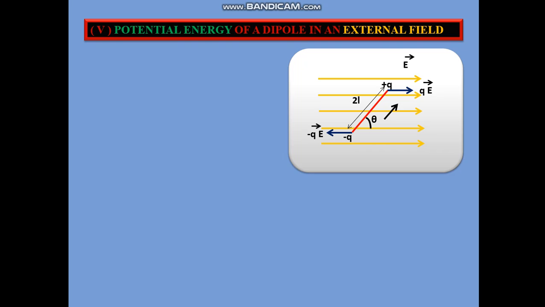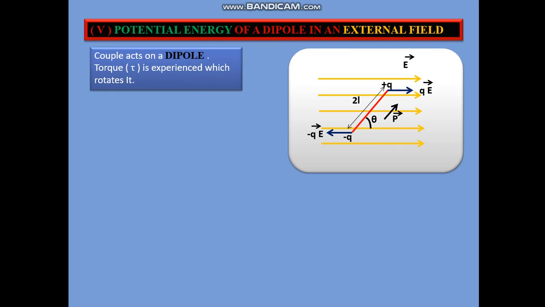P is the electric dipole moment, from the negative to the positive charge. A couple acts on the dipole, and a torque tau is experienced which rotates it. We know that tau is equal to P vector cross E vector, so it is p E sine theta.